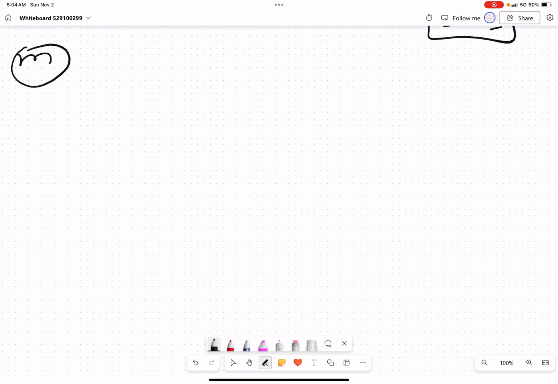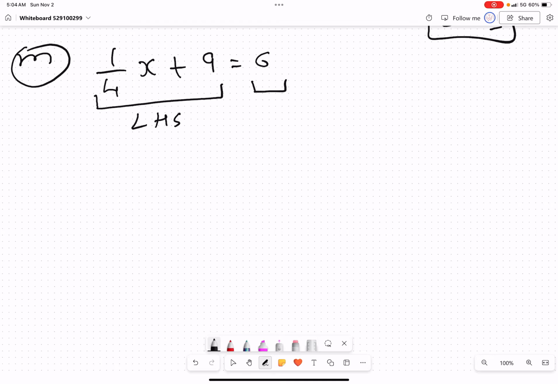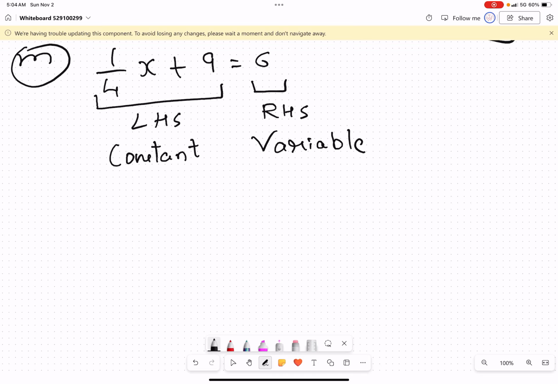1 by 4x plus 9 equals 6. Left hand side, right hand side, constant, variable.